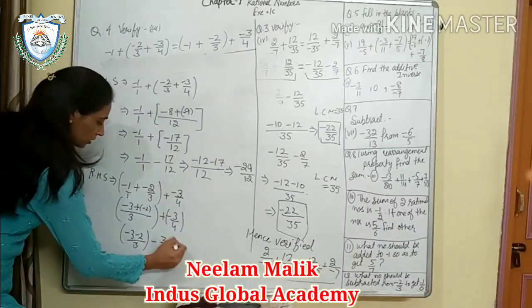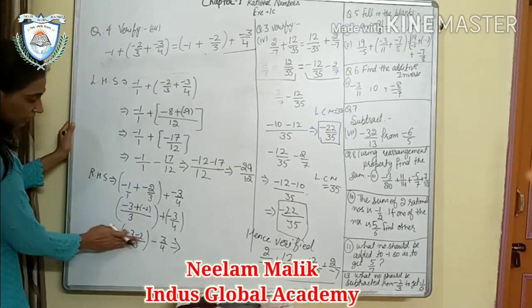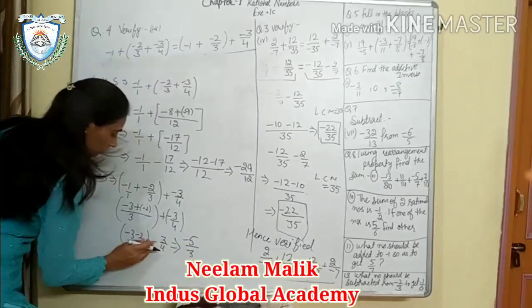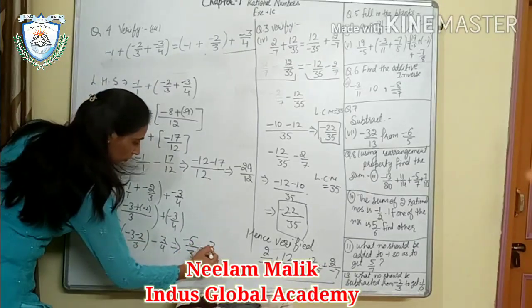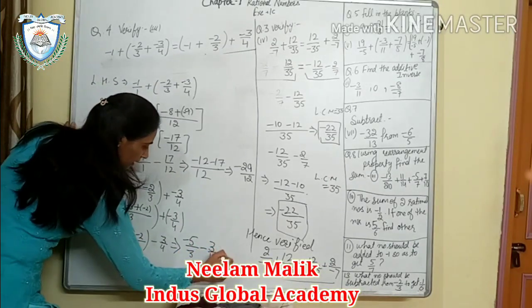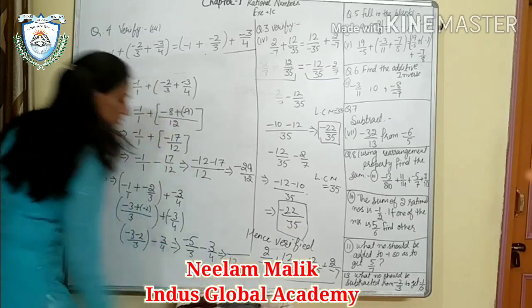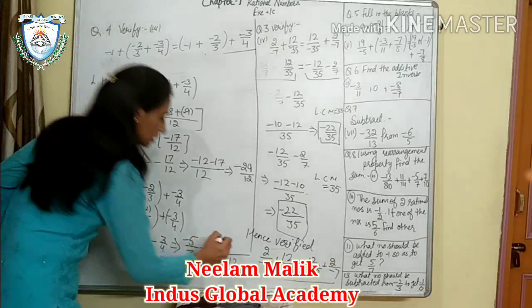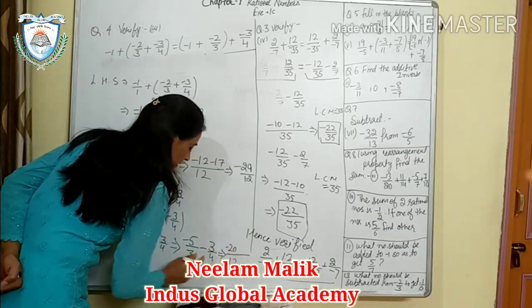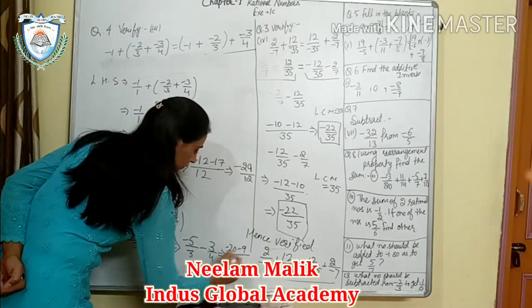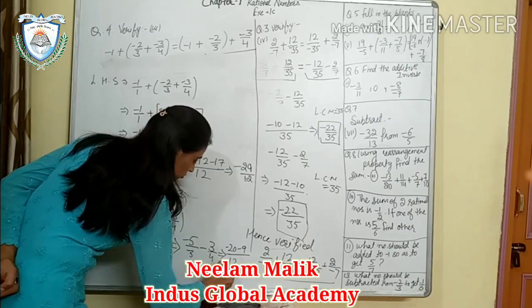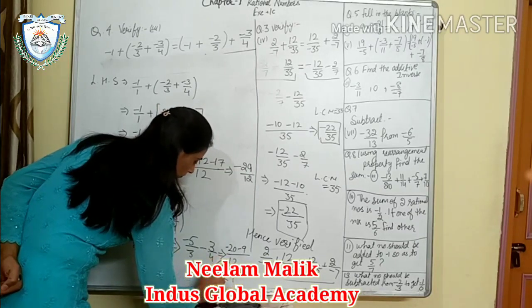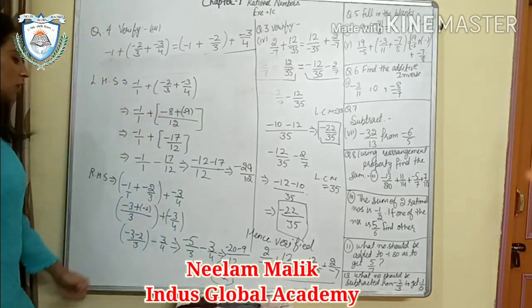So next, in the next line, -3 -2 is -5, and here this is -3/4. Now take the LCM. LCM will be 12. So it will be -20, then -9. So what is your answer here? -29/12.